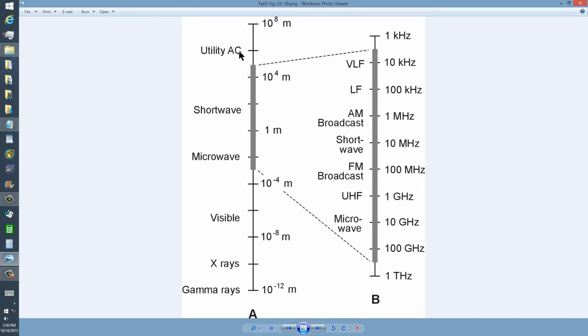60 Hertz AC here, shortwave radio here, microwave radio, visible light, X-rays, ultraviolet for some reason not shown is right around in here. Infrared is just a little longer than visible light.